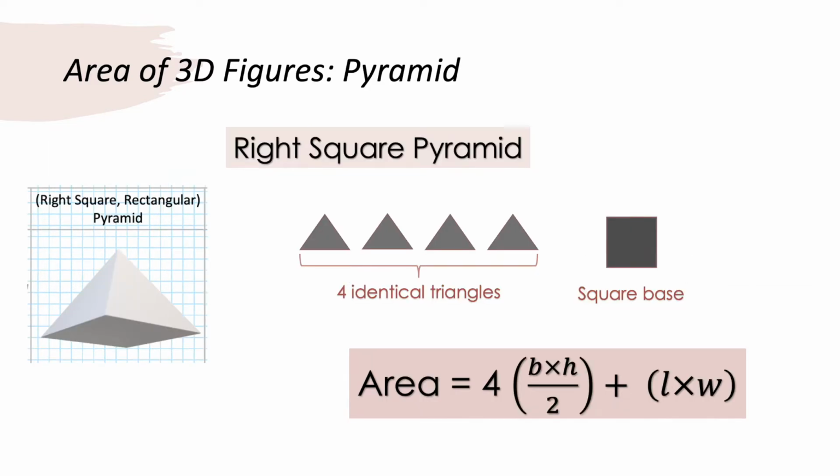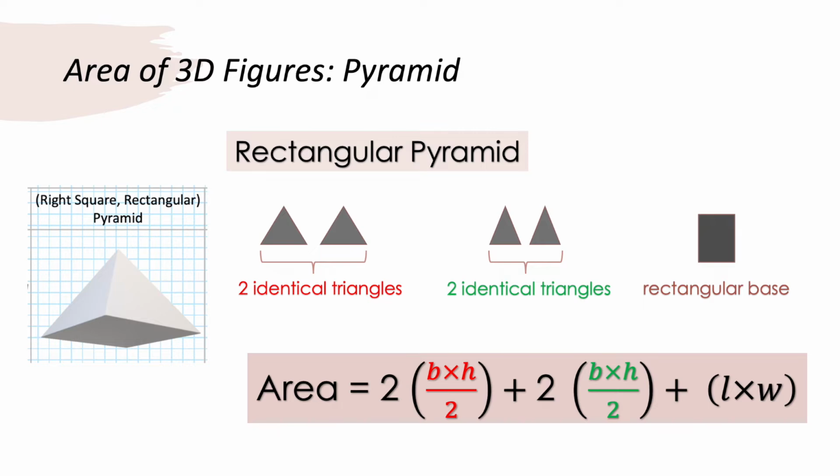A pyramid can have either a square base or a rectangular base. For the square base one, we have the square for the base and 4 identical triangles for the sides. So the surface area of a square base pyramid is 4 times the area of a triangle plus the area of a square.